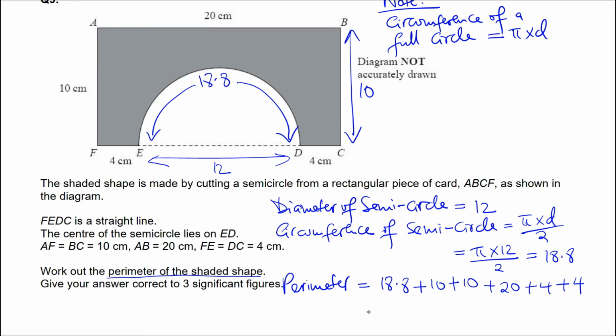So all this added together will give you 66.8 centimeters, and that will be the perimeter of the shape.